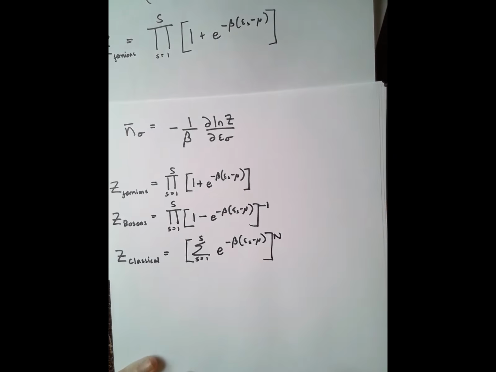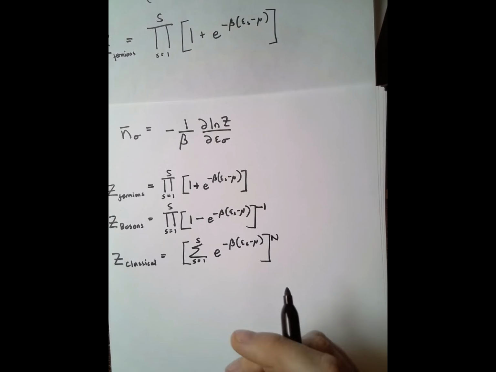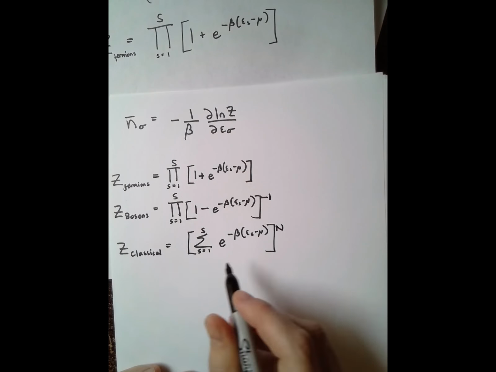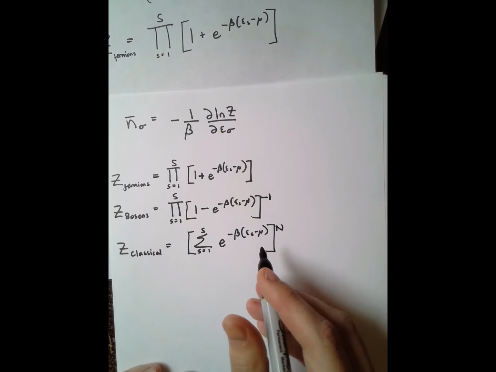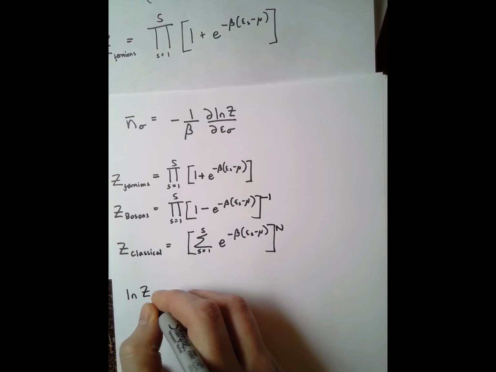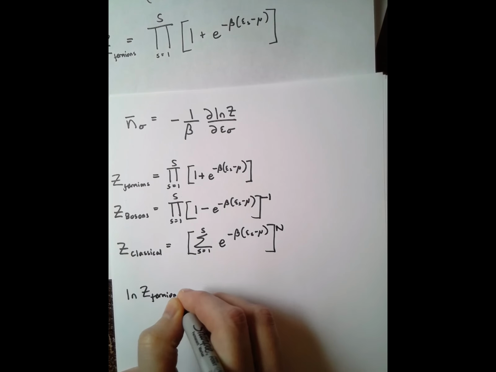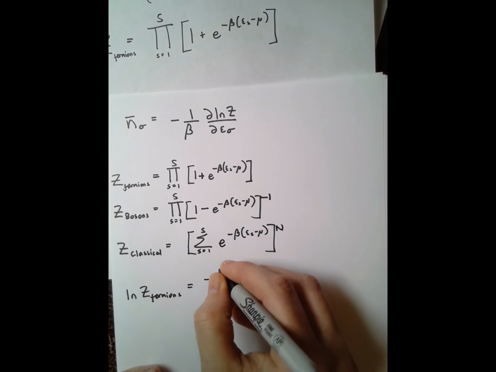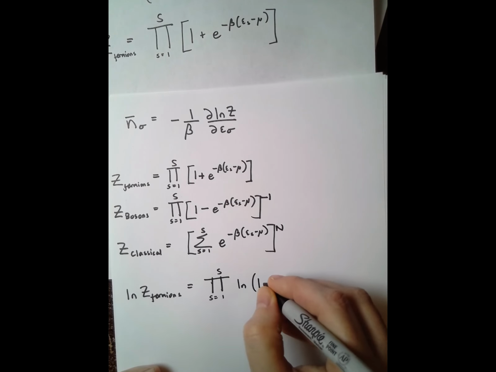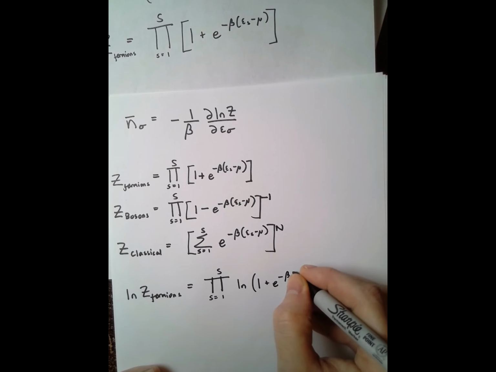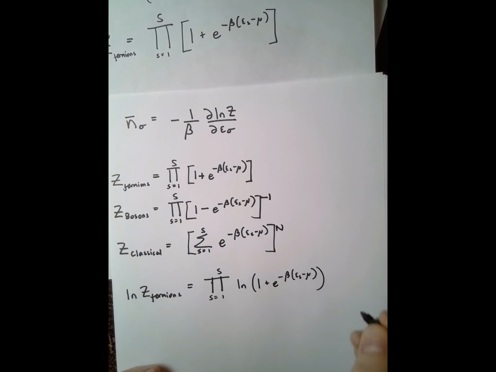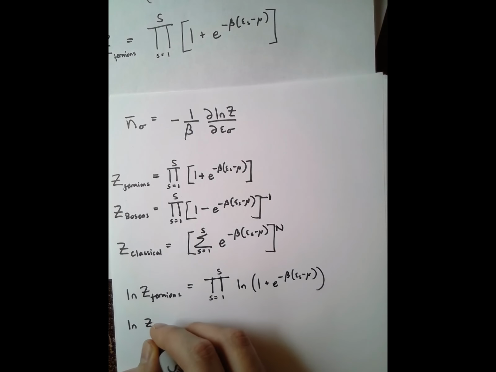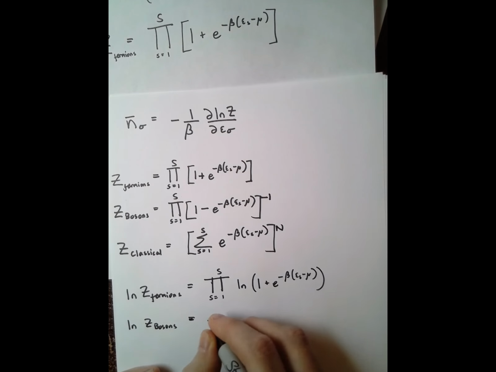So we're going to need to use this formula, we need to take logarithms. So the logarithm of z for fermions is just equal to the product from s equals 1 to S of the logarithm of 1 plus e to the minus beta into epsilon s minus mu. Logarithm of z for bosons, logarithm of something to the minus 1 is just minus that thing.